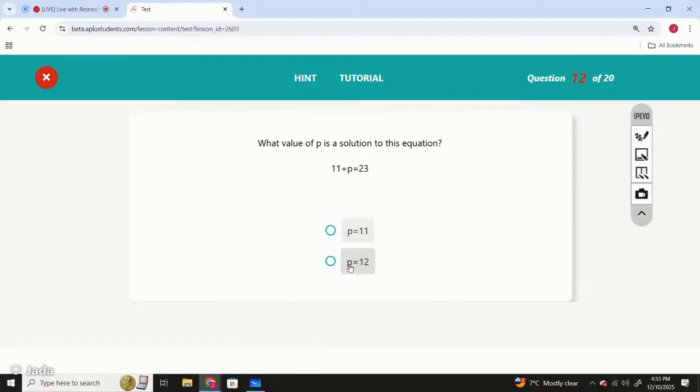So which is the correct option? Option number 2 is the correct option. P is equal to 12.